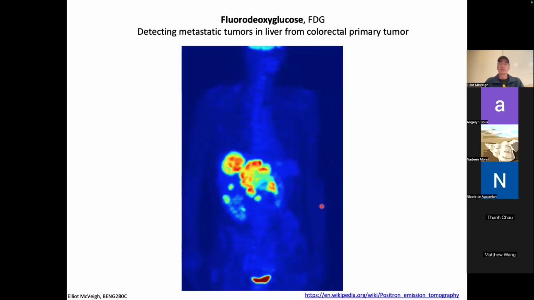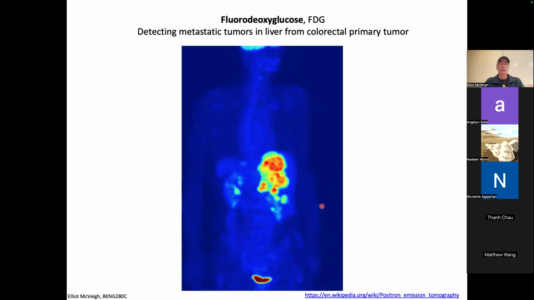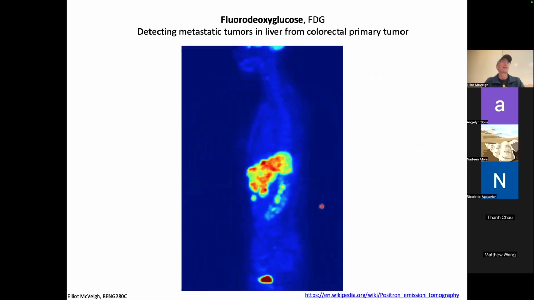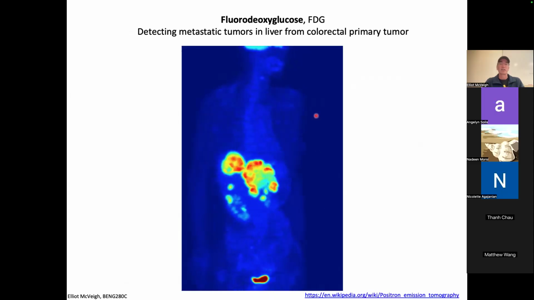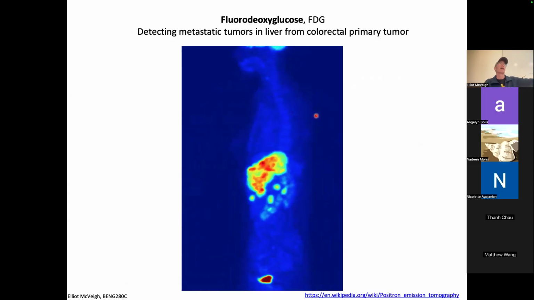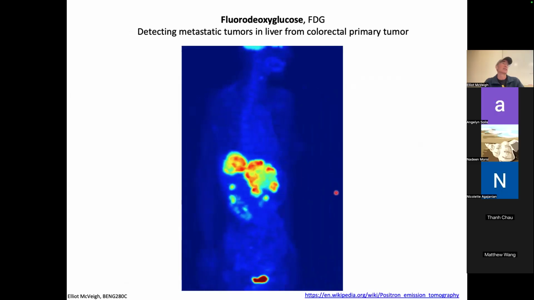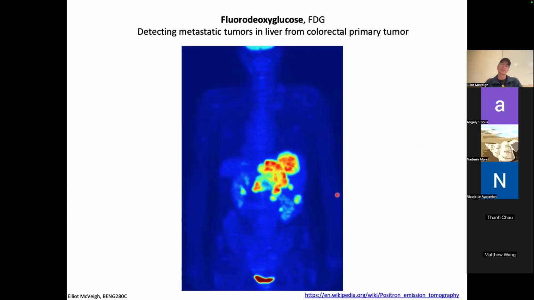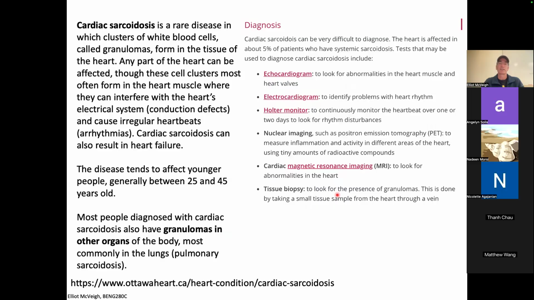And this is a patient's liver who had a primary cancer in their brain, and then this PET agent was injected to see if there's high activity anywhere in the body. And as you can see in their liver, there's a ton of activity, right? So there's something abnormal going on there. And so this is what the primary use, I think, of PET is in cancer patients.